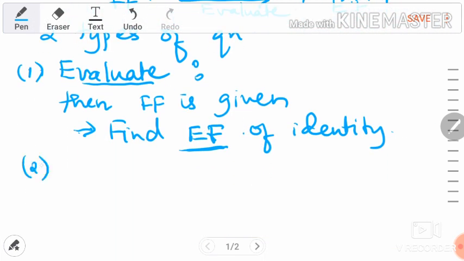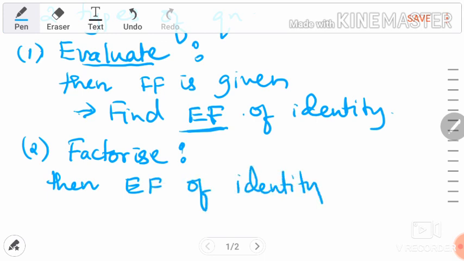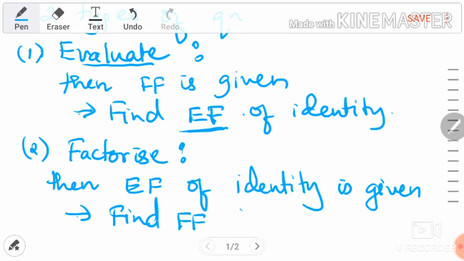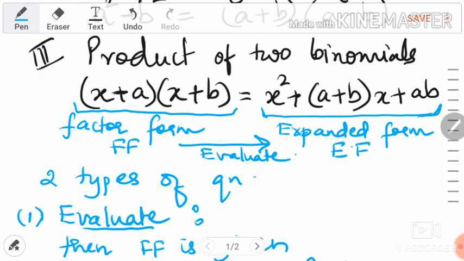But if the question is factorize, then the expanded form of the identity is given, and we have to find then the factor form. So in that case, we will move from the right to the left.